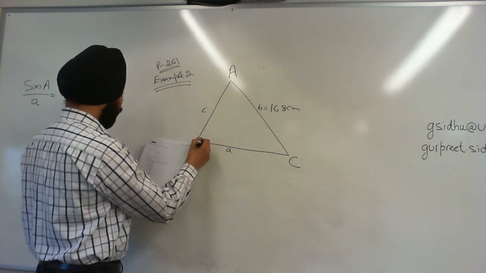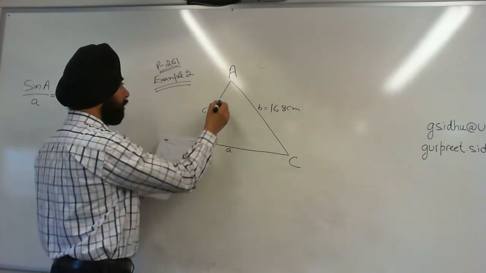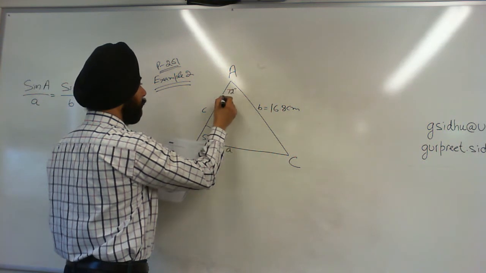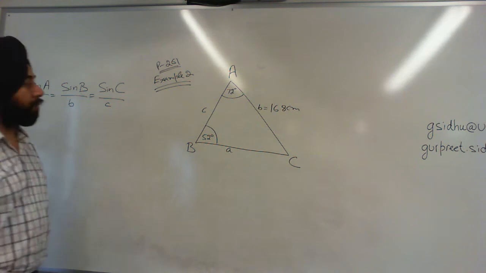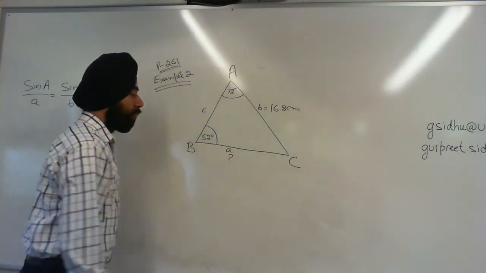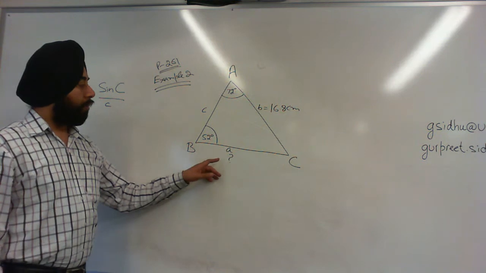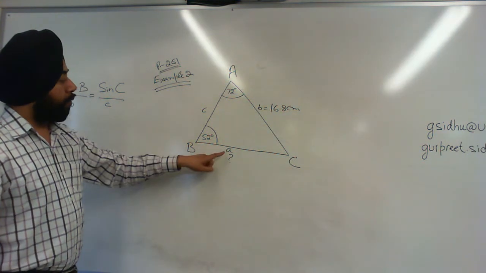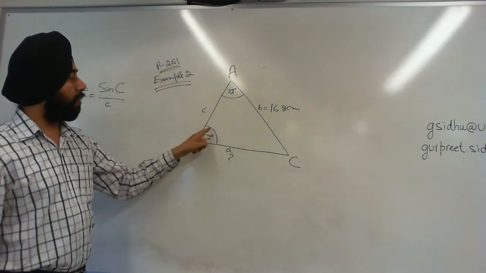This angle is given, this is 52 degrees. And this angle is given 72 degrees. You have to find this side. Let's call this side the one that is to be found. a is to be calculated. Okay, so a is the unknown, b is known. These two angles are known.